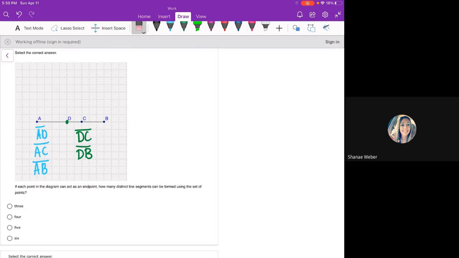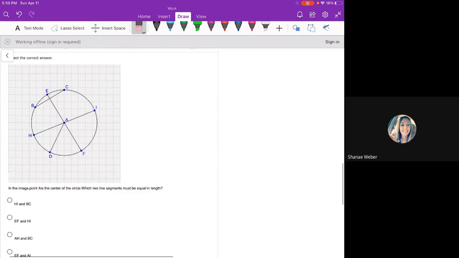You can't use the same 2 letters twice, even in a different order. And then if we pretended that D didn't exist and we started with C, we can do CB. So altogether, we have 1, 2, 3, 4, 5, 6 different line segments that we can make out of this line.